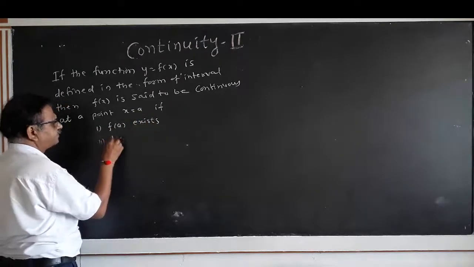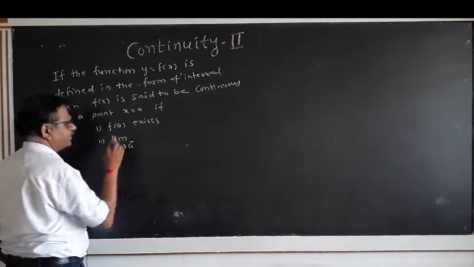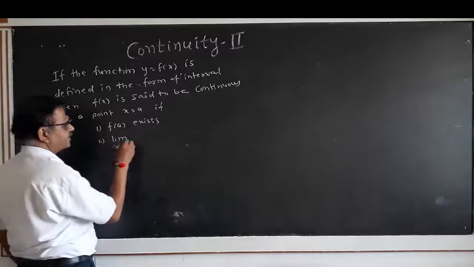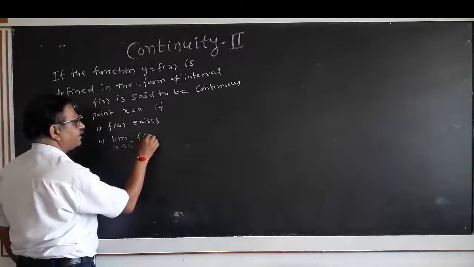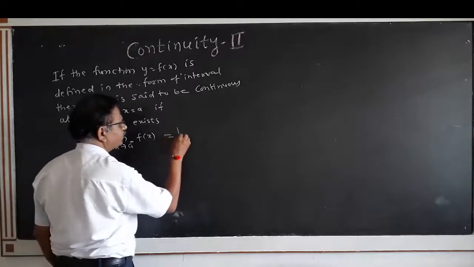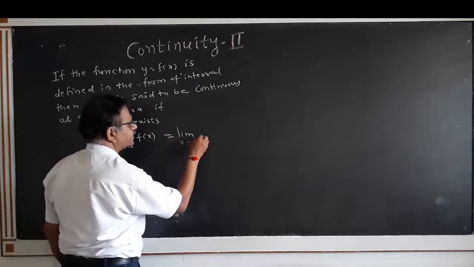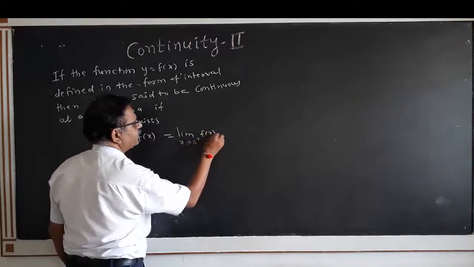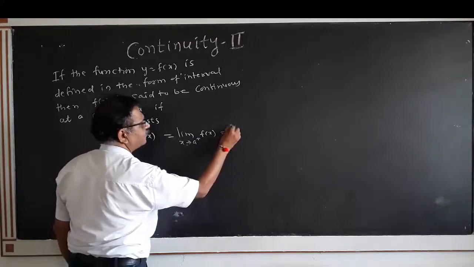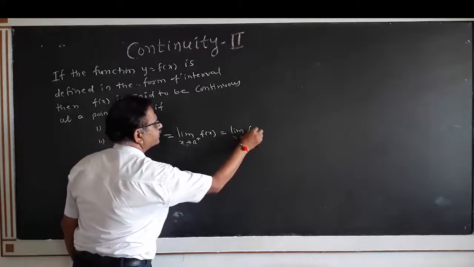Second, limit x tends to a minus, that is left hand limit of fx as x tends to a, is equal to limit x tends to a plus of fx, that is right hand limit of fx, equal to limit x tends to a of fx.